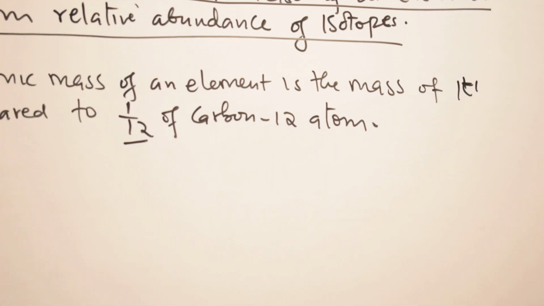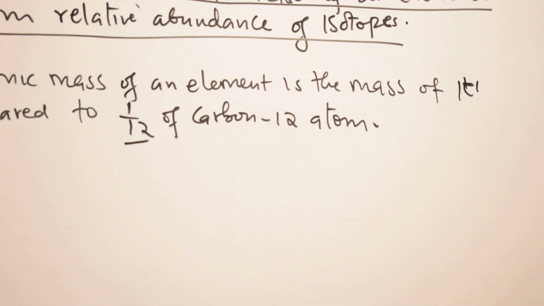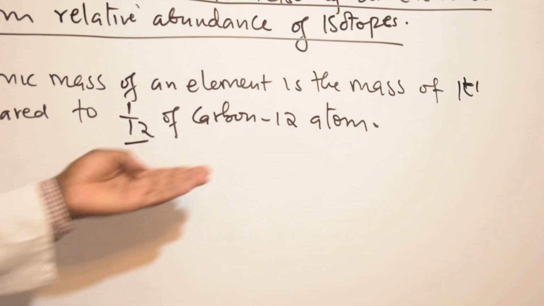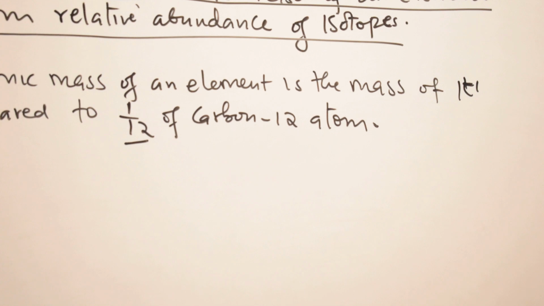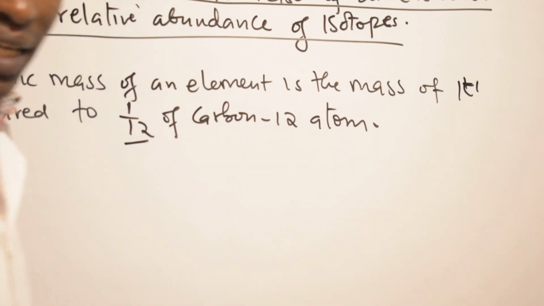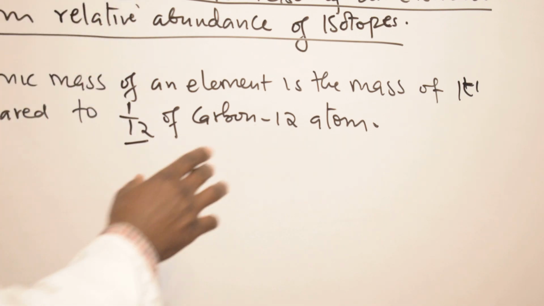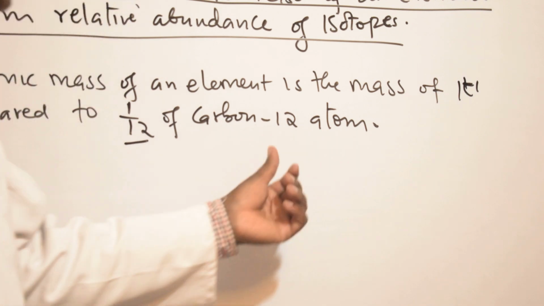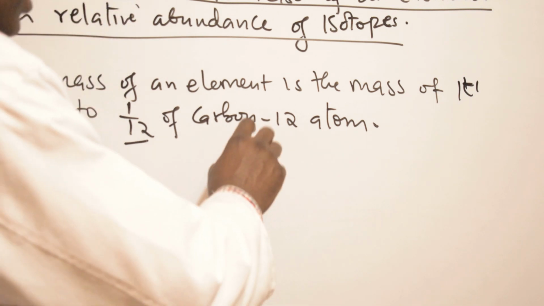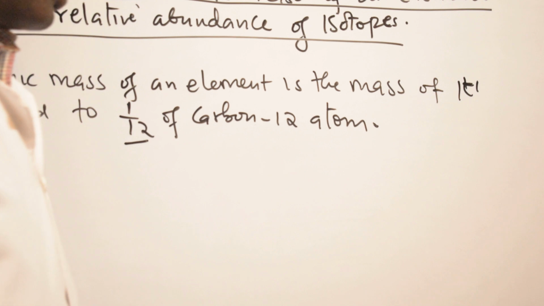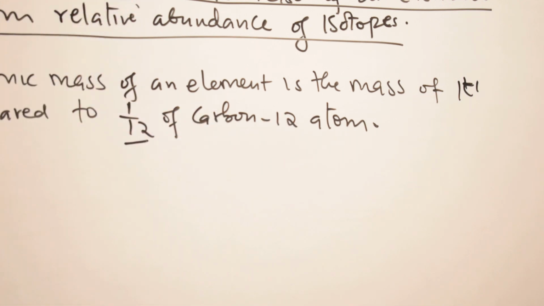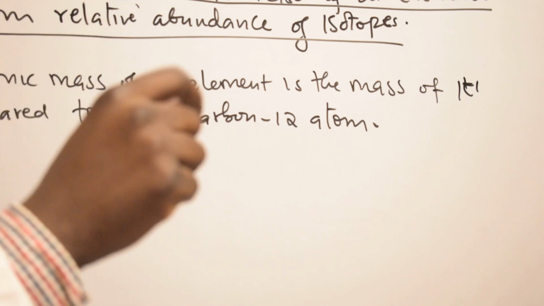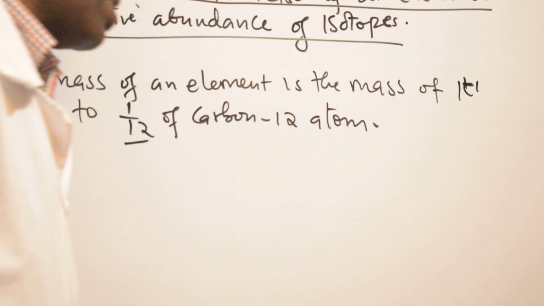But for some reasons that I'll explain later, carbon-12 replaced hydrogen. Now this carbon-12 is actually 12 times heavier than hydrogen, and therefore it was given a relative atomic mass of 12, because it's 12 times heavier than the lightest atom.